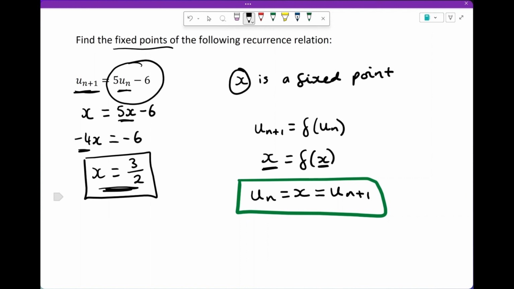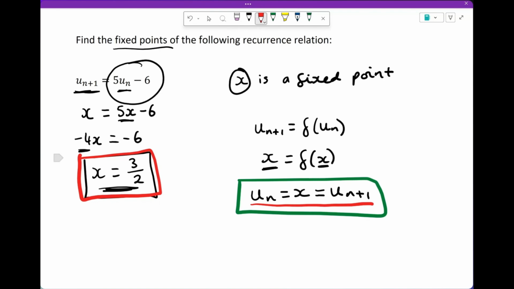But then the other question is, how is this different from finding limits? Because we used to do something very similar for that. Well, a fixed point, so our x equals 3 over 2, is a possible limit of my recurrence relation. Remember, our sequence should approach our limit if it is a limit. And that would depend on the first term in the recurrence relation as well as the recurrence relation formula we're given.